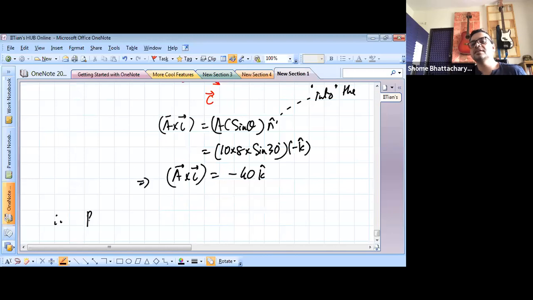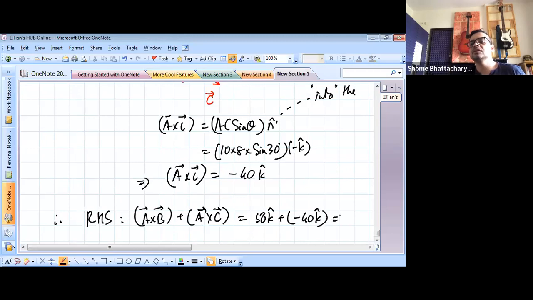Therefore, the right hand side of the equation, which was A cross B plus A cross C, you will see is now equal to the left hand side of the equation. When you do the vector sum of these two, you replace A cross B with what we calculated above, which was 50 k cap, and replace A cross C with minus 40 k cap from here. You can see that we are left with 10 k cap, which is equal to the left hand side.